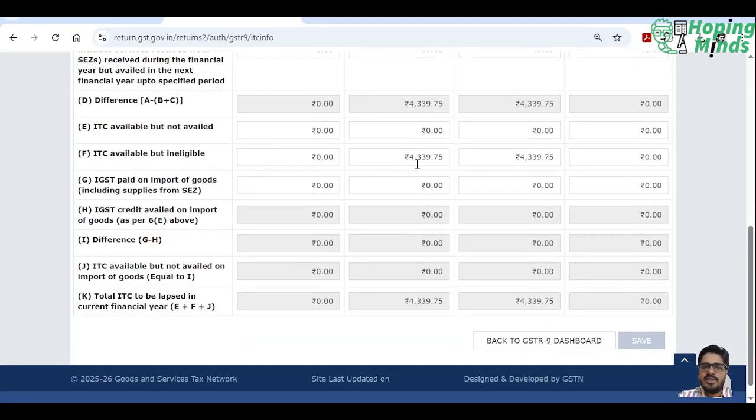So this difference, we need not do anything. ITC available but ineligible. These ITC were available to us but were ineligible, and hence total ITC to be lapsed in the current financial year is the same amount. So ultimately the remaining input tax credit that was not availed by us will be lapsed in the annual return.